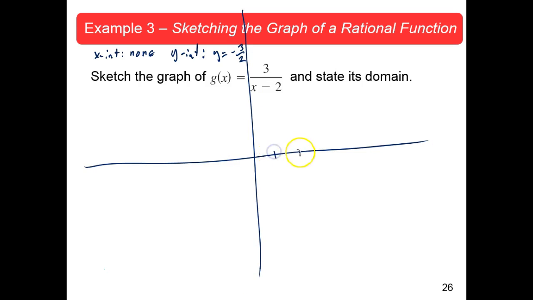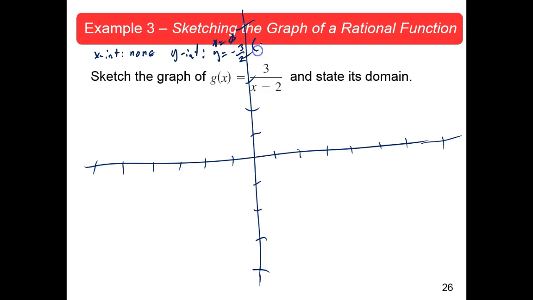Let's do a 1, 2, 3, 4, 5, 6, 7. Negative 1, 2, 3, 4. Okay, positive 1, 2, 3, 4, 5. Negative 1, 2, 3, 4. Okay, got it. A y-intercept is where x is equal to 0 and y is equal to negative 3 halves.